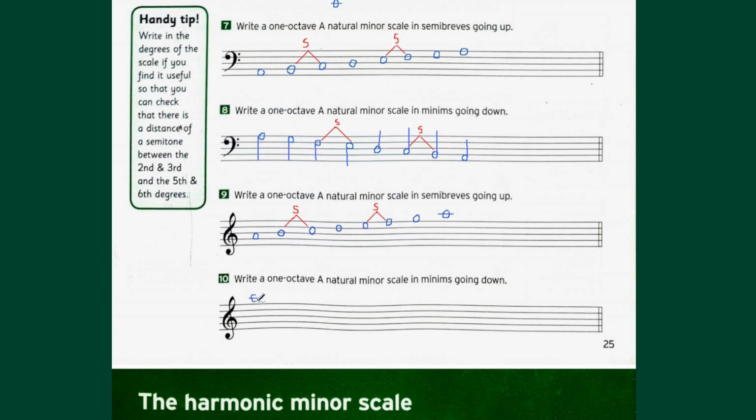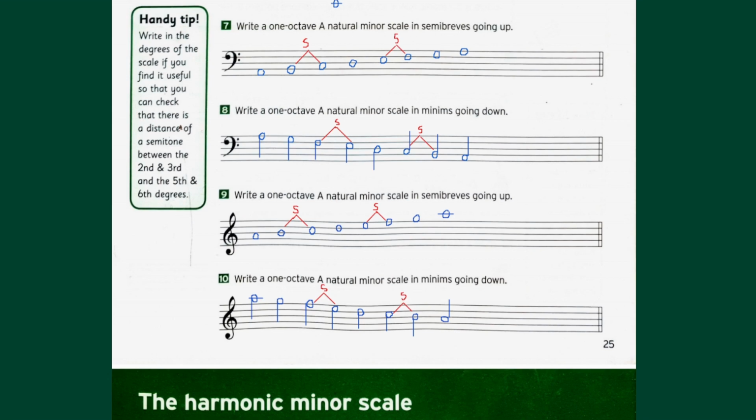So let's go down the notes in reverse: A, G, F, E, D, C, B, and A. So I finished on the 2nd space. Now all I have to do is make them minims. That just reminded me that I did not write the stems here, so double check your answers carefully.